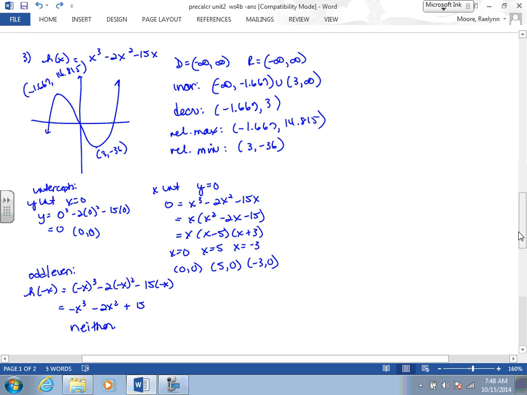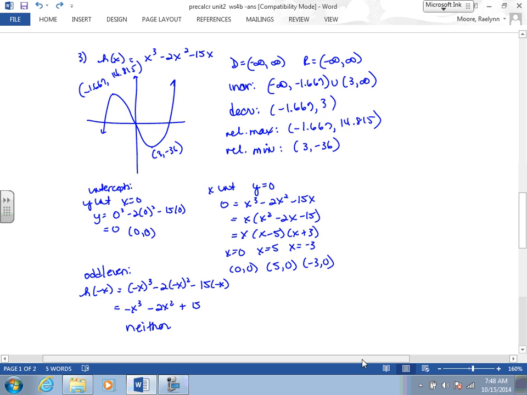Okay, number 3. Number 3, this is also a cubic graph. And this time around, your max and your min were the first one, the top, your max was irrational. So make sure you go 3 decimal places.